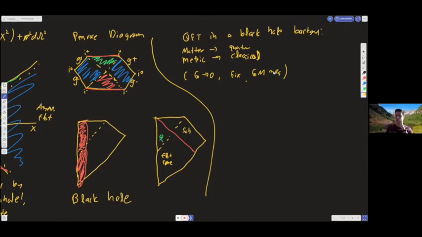So the basic idea of QFT is that there are independent degrees of freedom at each point in space.